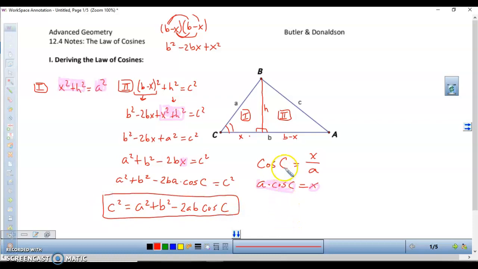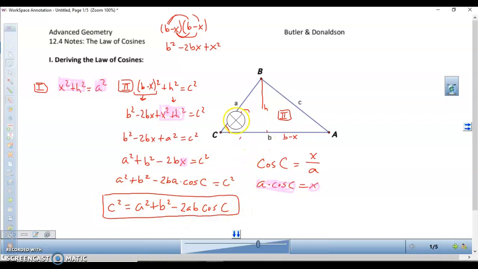And I think it's important, especially in an advanced math class, for you guys to understand where this stuff comes from. So all this was an application of a couple things you've already learned: one, how to do a Pythagorean system, and two, what cosine is for a right triangle. And by doing that, I was able to establish this relationship.